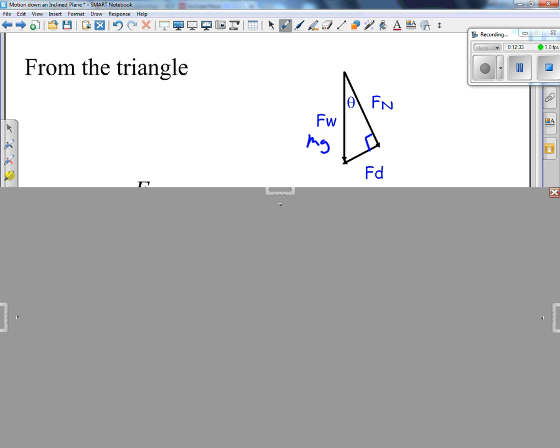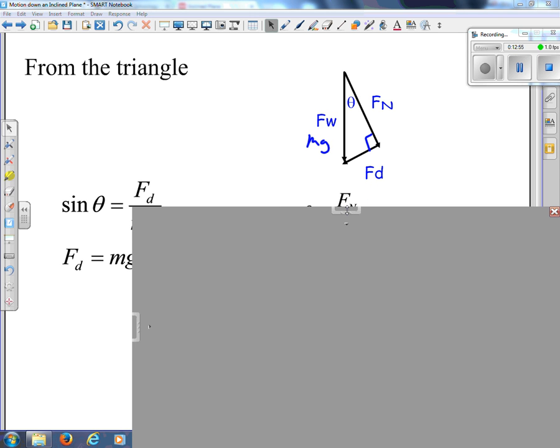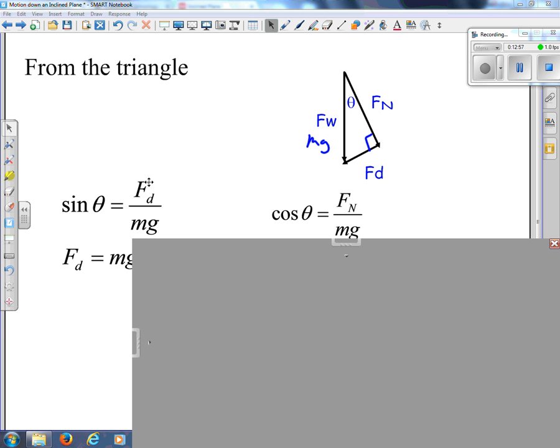Is the Fd opposite or is the Fd adjacent? It is opposite, so we're going to use sine or cos? Sine. So if I had to write Fd equals, you would say sine. Sine theta is Fd over mg.